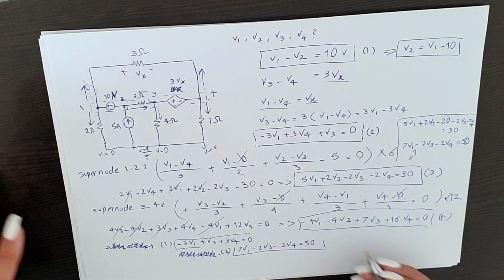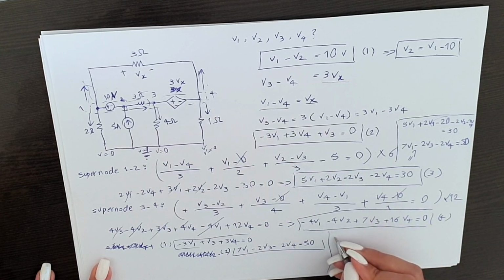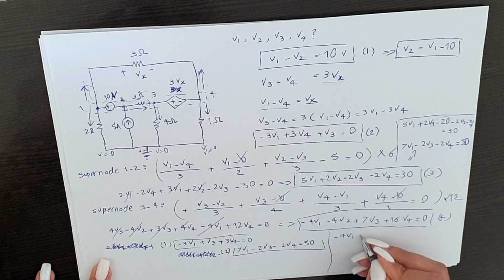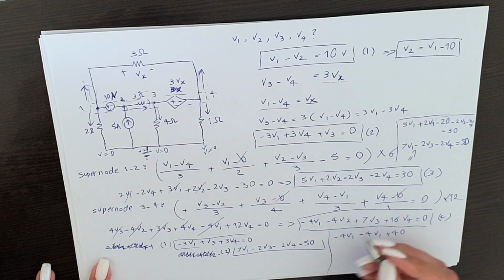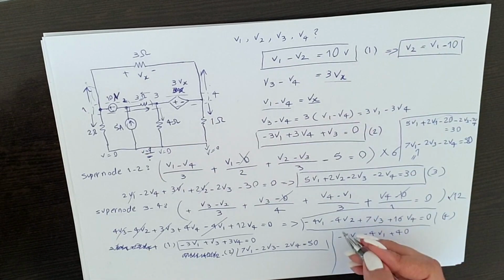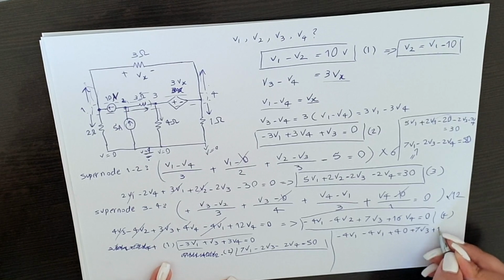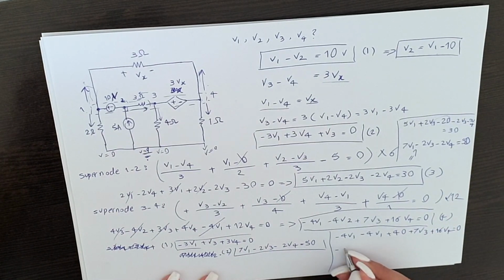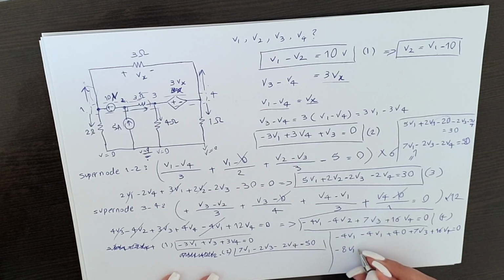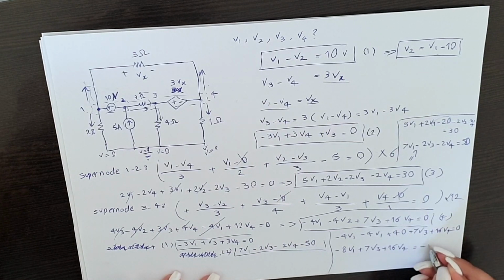And the third one is coming from here, which I'm first going to calculate here. Let's say minus 4v1 minus 4v1 plus 40, substituting this instead of v2, plus 7v3 plus 16v4 is 0. So what it gives me is minus 8v1 plus 7v3 plus 16v4 is equal to minus 40.